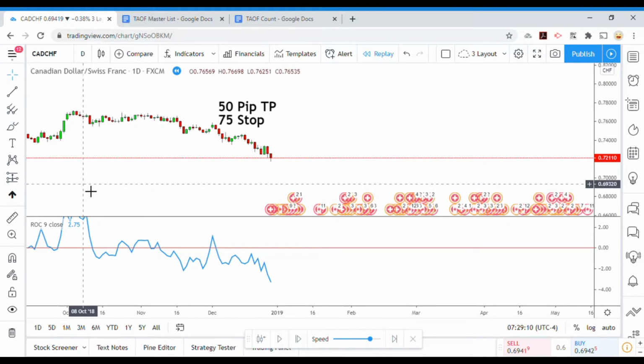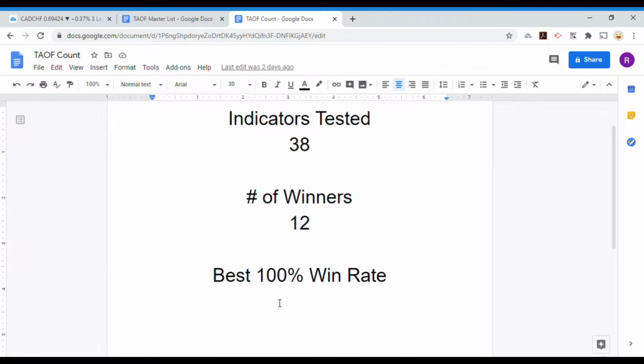All right, before we get into testing today's indicator, let's take a look at the indicator scoreboard. So to date, we have tested 38 indicators, and out of those 38 indicators, 12 of them have been winners, which means that they have met or exceeded our win-loss ratio threshold that we have set. The best one so far was able to achieve a 100% win rate.